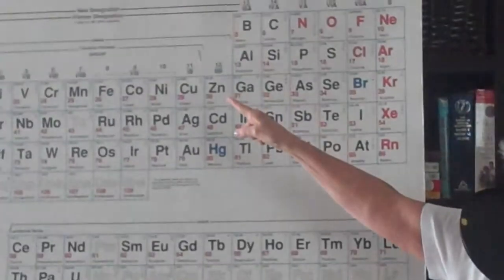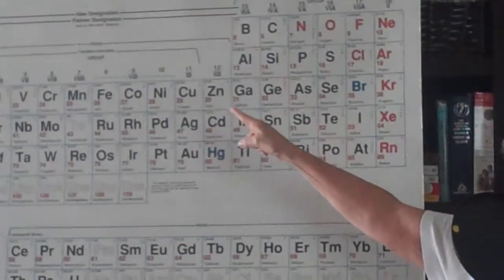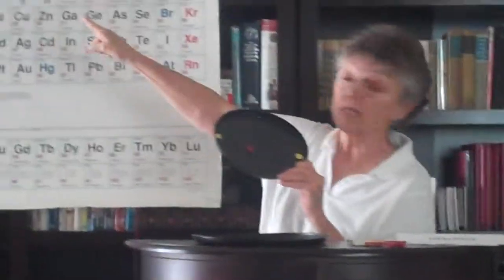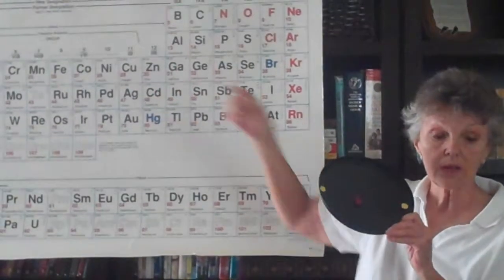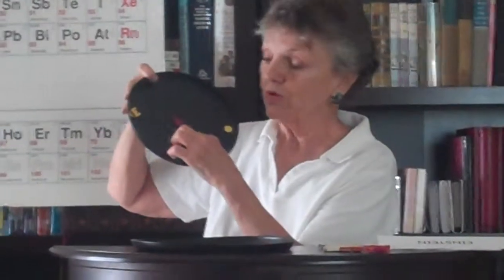Okay, hydrogen on the periodic chart is number 1. I'm going to put 1 proton in the center to represent the hydrogen atom. Now then, because I have 1 proton, I will only have 1 electron, because electrons and protons have opposite charges, the electron being negative, the proton being positive, and that will never change.